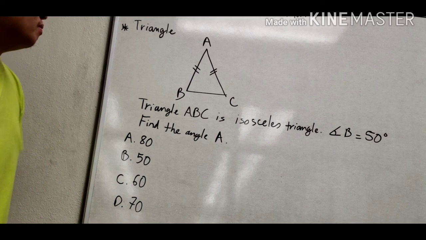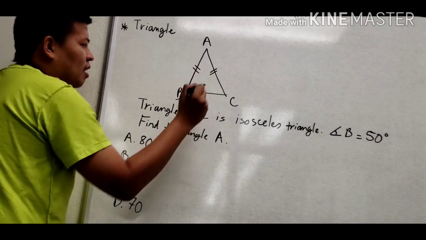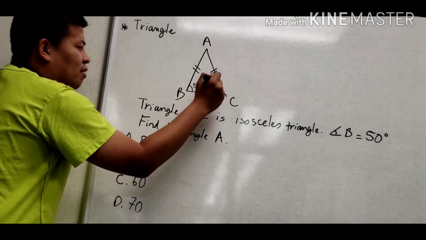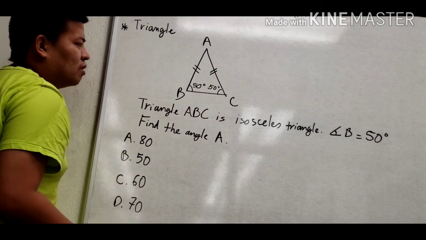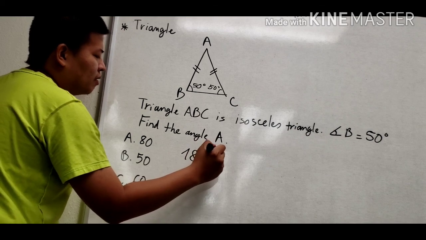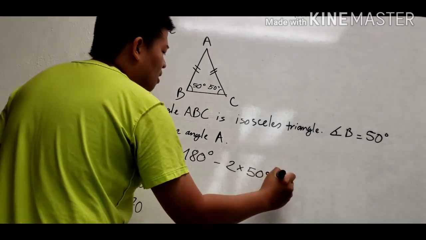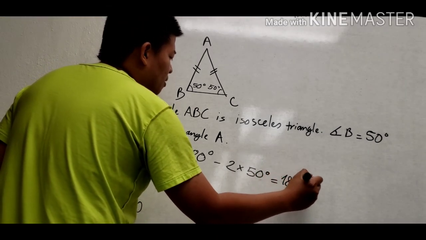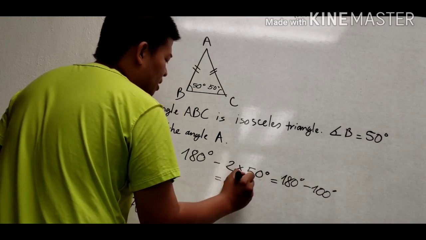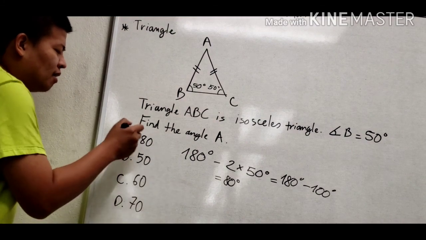Find the angle A. We know that angle B is 50 degrees, and because AB equals AC, angle C is 50 degrees too. To find the angle A, we just have 180 degrees minus 2 multiplied by 50, that becomes 180 degrees minus 100, and you get 80 degrees. This is the basic way to find the angle here, and that's angle A.